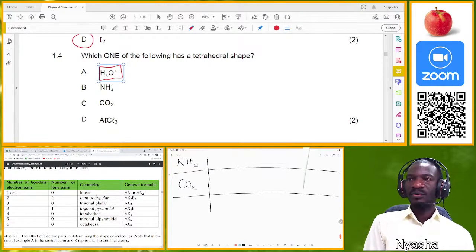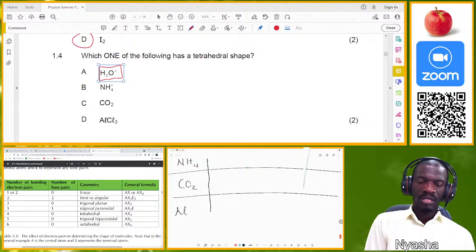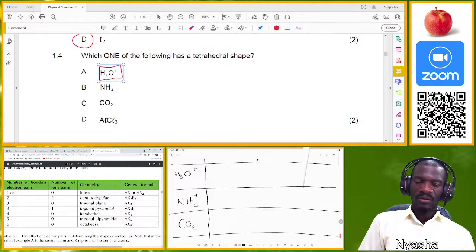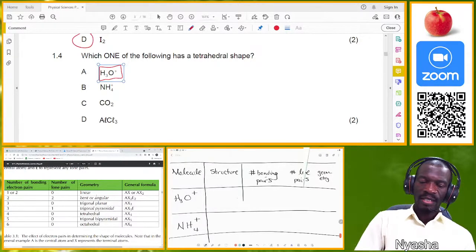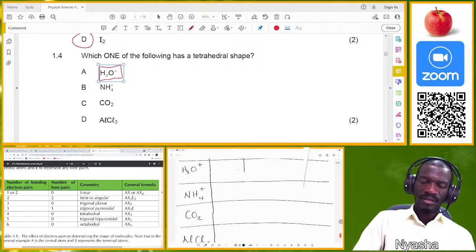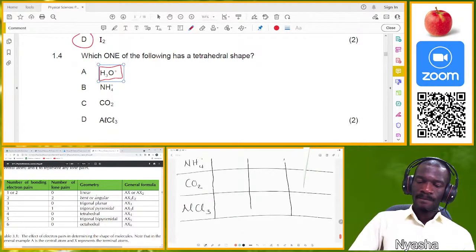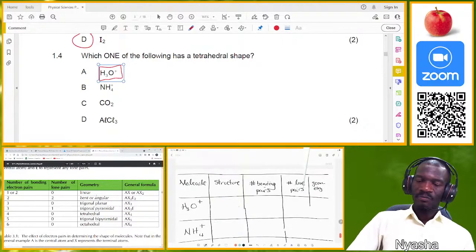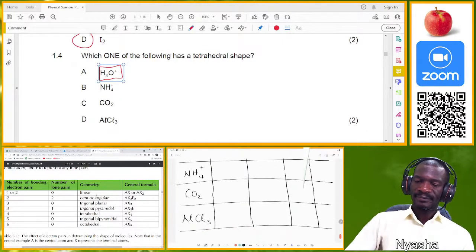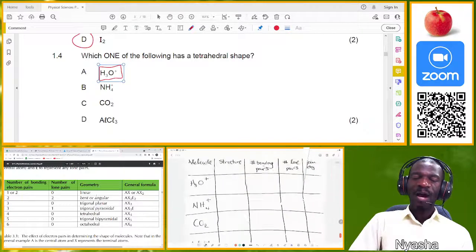The last, we will have an aluminium trichloride molecule. So this is the structure. Let's just work it out like that. That is the structure. That is the bonding pairs. That's the lone pairs. The question is how you get to these.